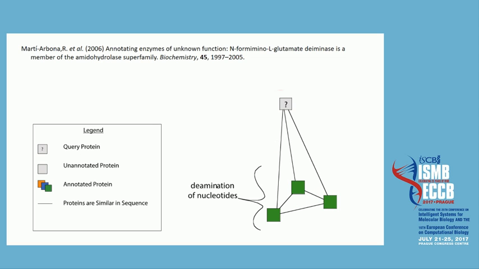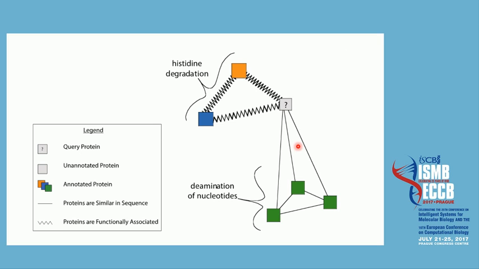So because the query was only homologous to a bunch of sequences annotated as nucleotide deaminase, the query was a putative nucleotide deaminase. But when they looked at the genomic context, they saw that the query protein, their protein of interest, was surrounded by proteins involved in the histidine degradation pathway.